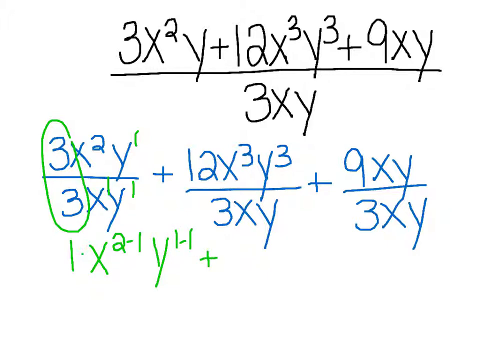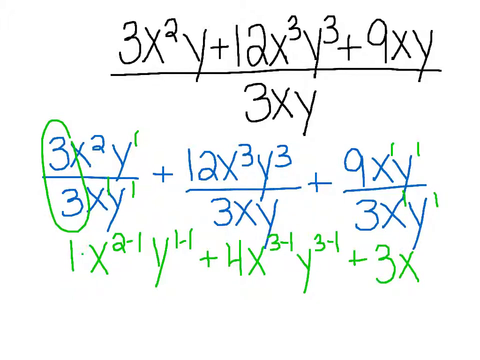We have plus 12 divided by 3, which is 4, x to the 3 minus 1 power, y to the 3 minus 1 power, plus 9 divided by 3, which is 3. Remember, these are exponents of 1, so x to the 1 minus 1, y to the 1 minus 1.